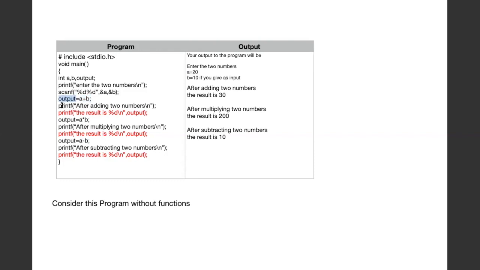Now we tell the user the result of this operation. What is the output right now? 20 plus 10, that is 30. So after adding two numbers, the result is 30. We have performed the first operation, addition of two numbers.